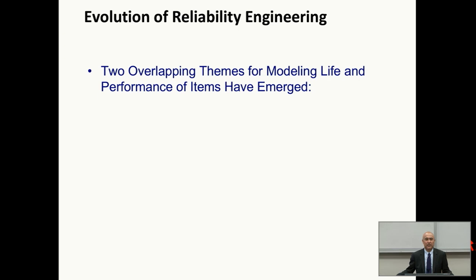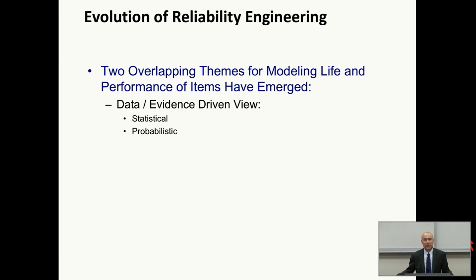In this evolution, you could observe two different overlapping themes for modeling life and performance of items. The first one, which is the older one, involves data and evidence-driven views.